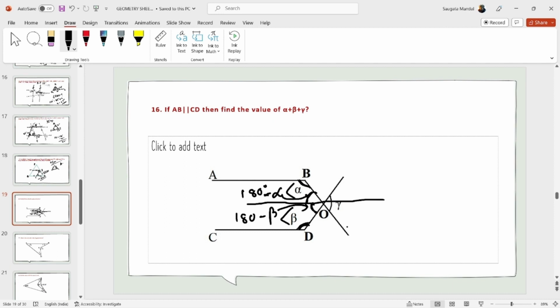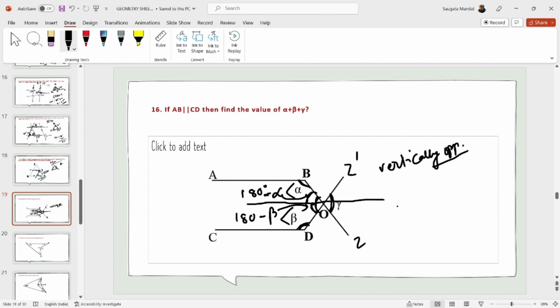Because the lines BZ and DZ dash are two lines that bisect each other, and angle BOD and angle ZOJ are vertically opposite angles. So the values of these angles are equal.